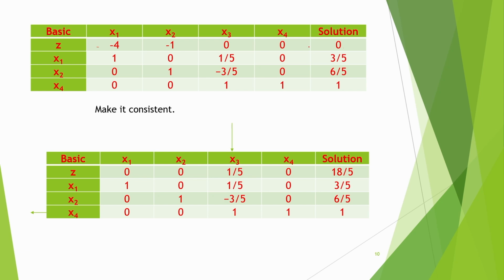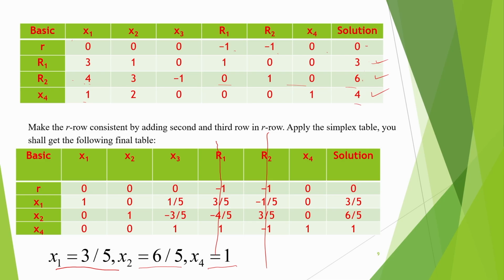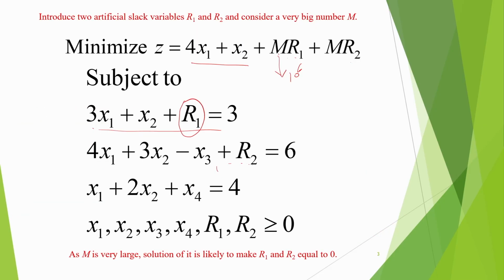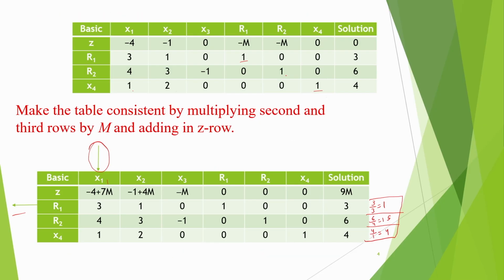This table is inconsistent because x1 is equal to 3 by 5, x2 is equal to 6 by 5. So it has to be made consistent with the objective function. To make it consistent, multiply the x1 row by the coefficient of x1 in the objective function, that means multiply it by 4, and the x2 row by 1, because the objective function was 4x1 plus x2.